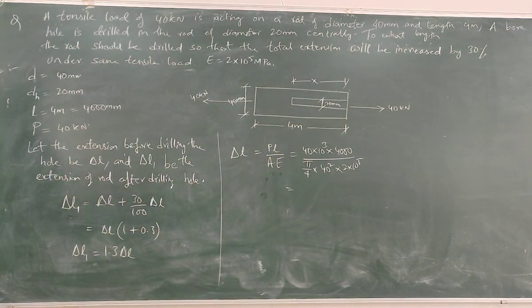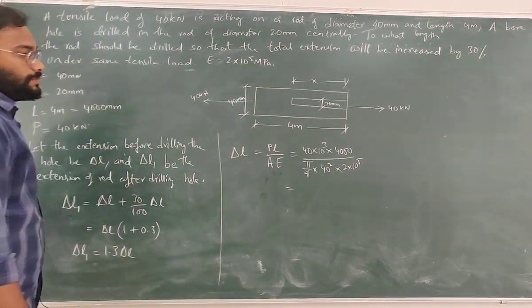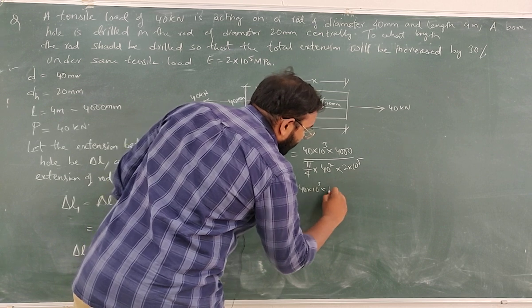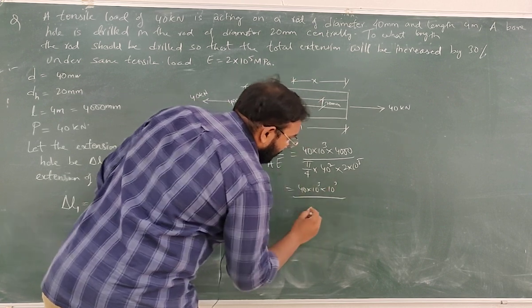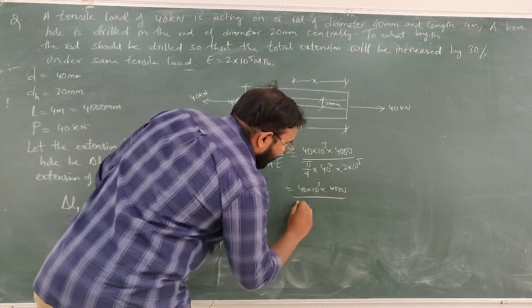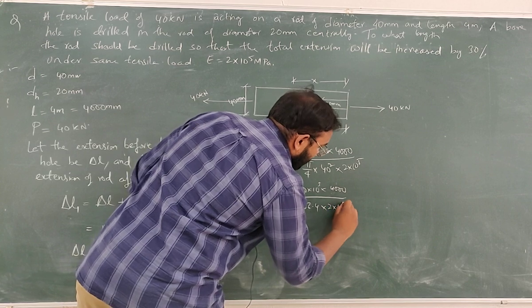Tell me what is the answer. Be fast with your calculators. 40 kilonewton into 10 power 3, multiplied by 4000, divided by 1256.4 into 2 times 10 power 5.